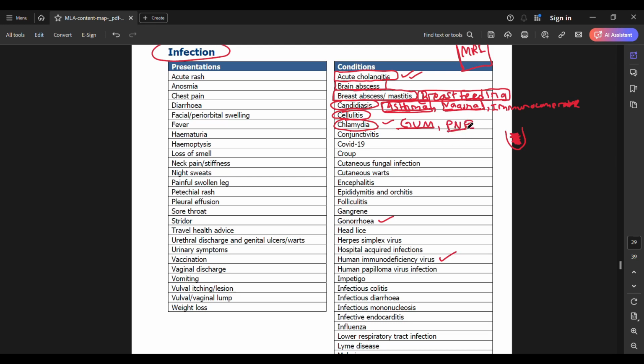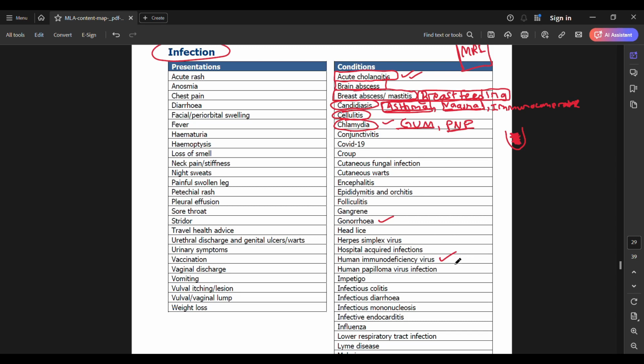Okay, the partner notification program, the genitourinary medicine clinic, the swab tests you might need to do, the drugs that are going to be used in each respective case, okay, and how to diagnose these particular conditions, how to advise the patient on safe sex, okay. So just make sure you cover all of that when it comes to all these different diseases.